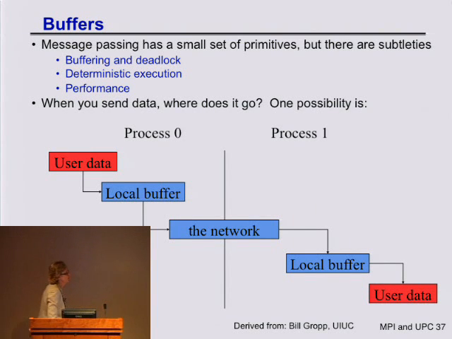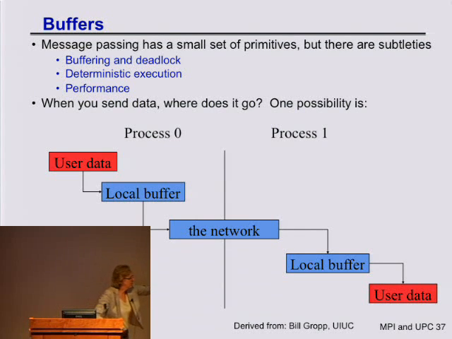So when you do a send operation, you've got your user data structure. That was the A array in the example, and I think the other one was a B array on the receive side. So one way of implementing this inside the MPI library is, as soon as the user says send, you copy their data into a local buffer that you, as an MPI library writer, are managing.